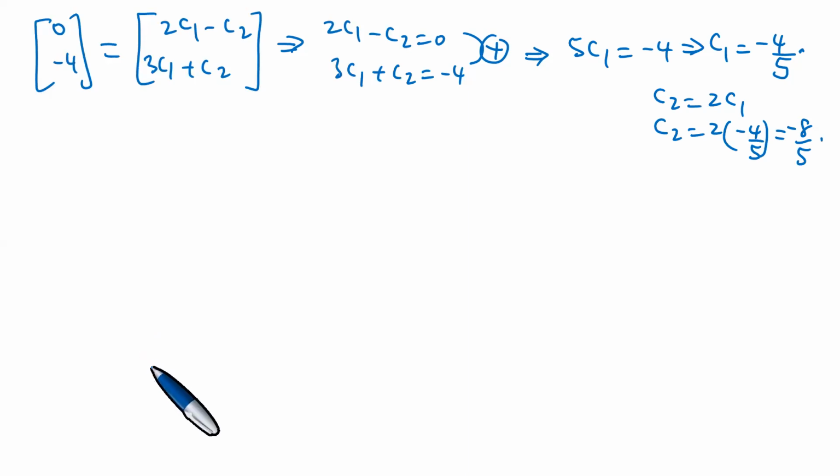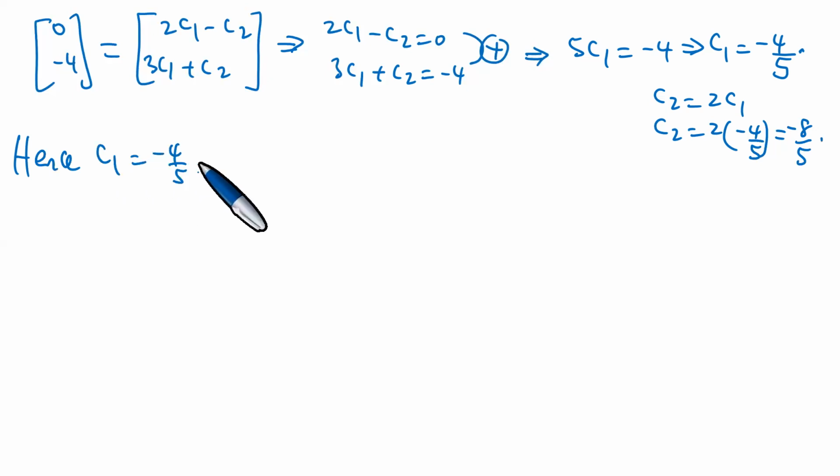Okay, we got those two constants. Hence, C1 is minus 4 out of 5, and C2 is minus 8 out of 5, like so.